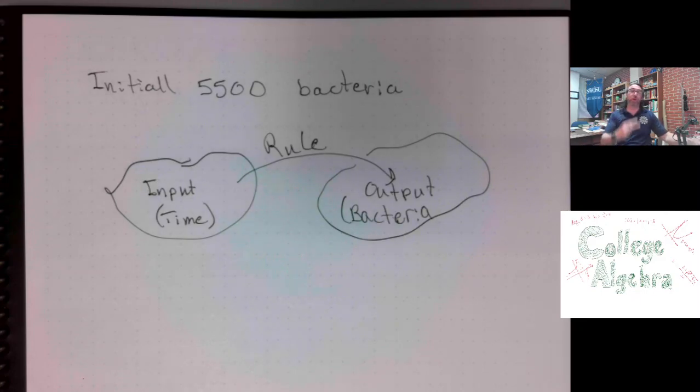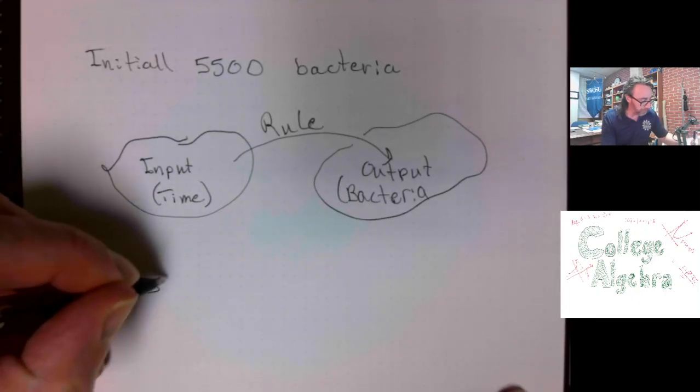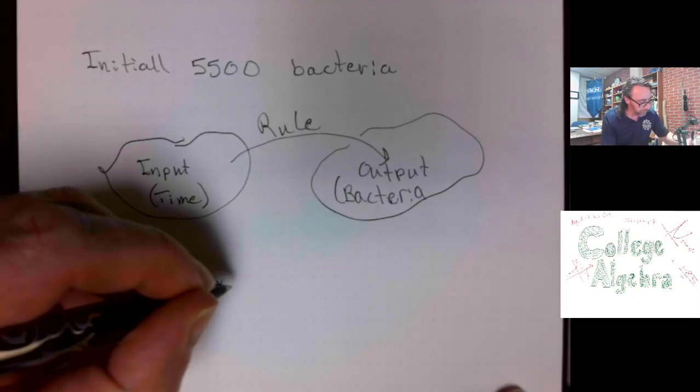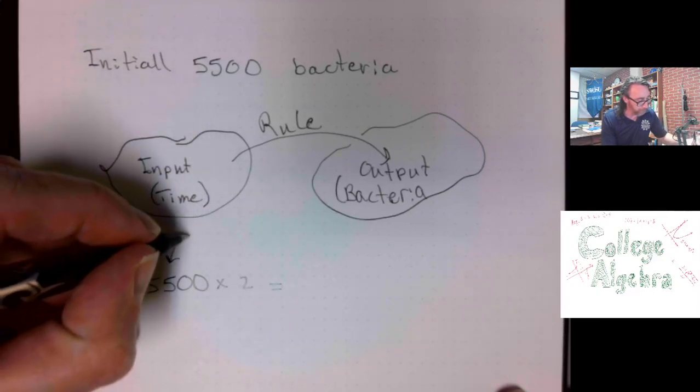After 2 hours, we double that, and we have 22,000. At the third hour, we double what we had at the beginning of the hour, and we're at 44,000. Now, all that can be related back to the base amount, the starting amount.